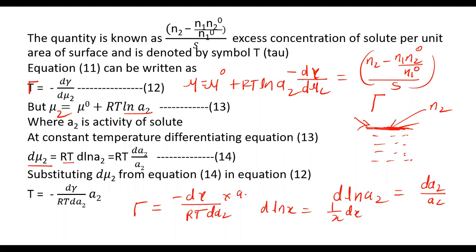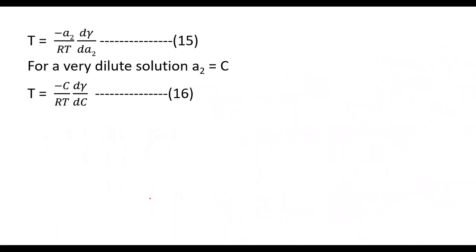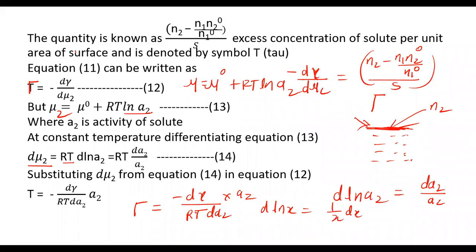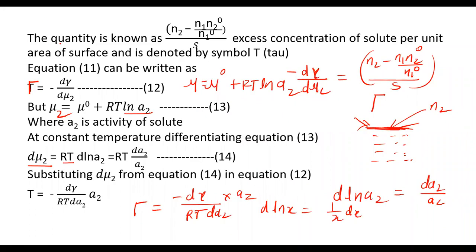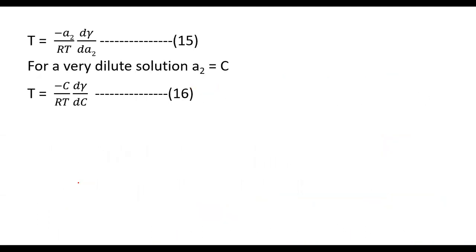This is the Gibbs adsorption isotherm, equation number 13. The same equation can be written as tau equals minus A2 upon RT into d gamma upon dA2. This equation is called the Gibbs adsorption isotherm.